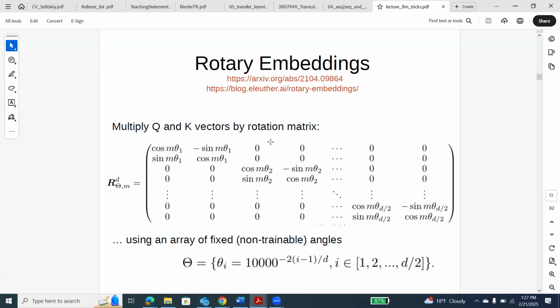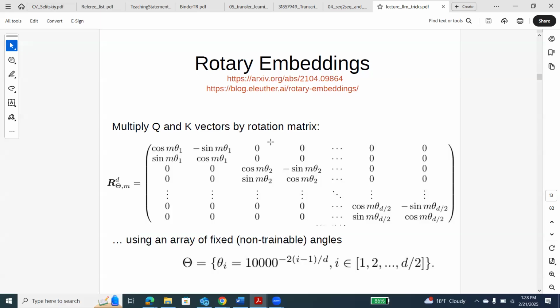So it will make the full period faster for the first components, and it will make the full period only after many steps. The idea is that the angle will be smaller for larger indices.